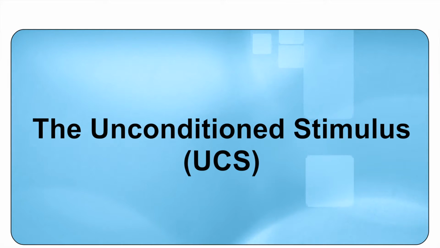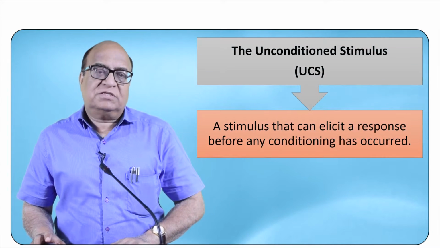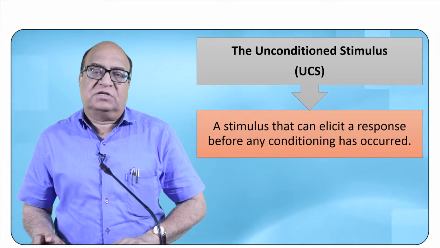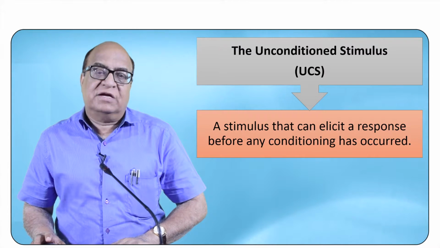During his study, Pavlov identified some key elements that are important for conditioning to take place. These are: number one, unconditioned stimulus, UCS, a stimulus that can elicit a response before any conditioning has occurred. In this case, food serves as the unconditioned stimulus.